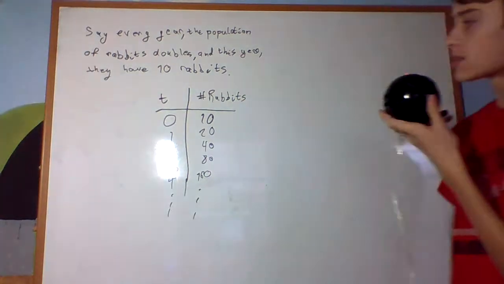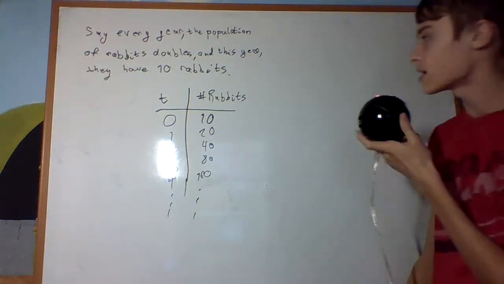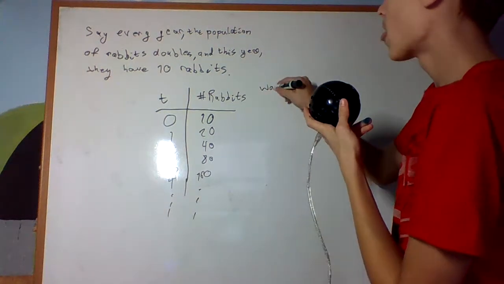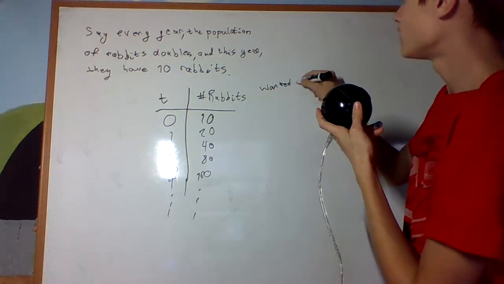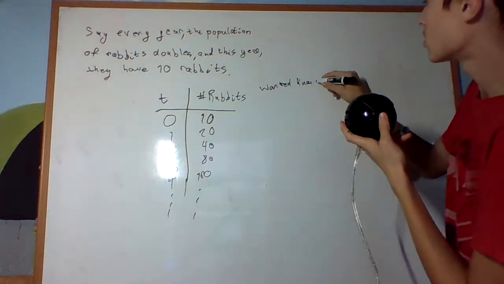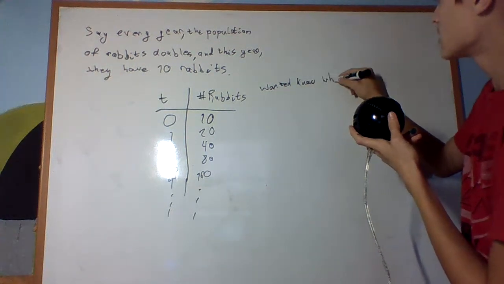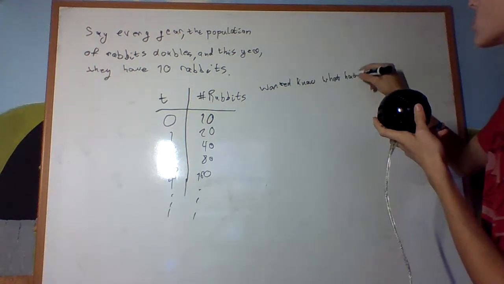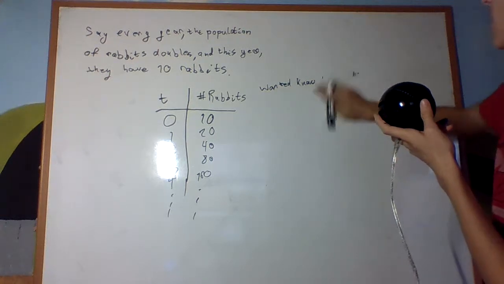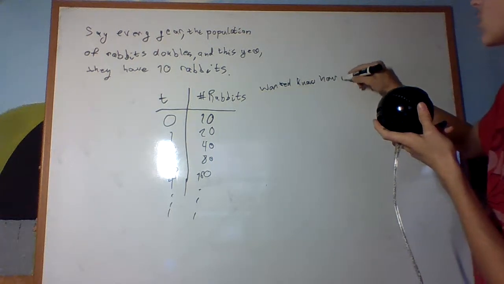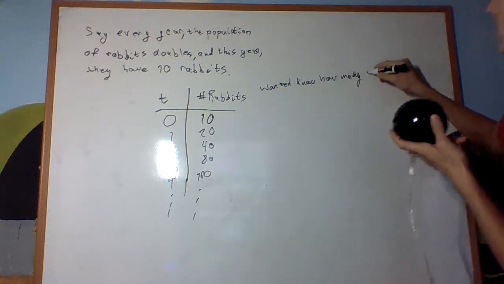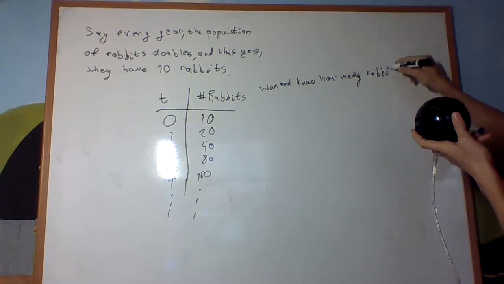How can I model this without just doubling it in my head, right? What if I wanted to know how many rabbits there would be in the 10th year?